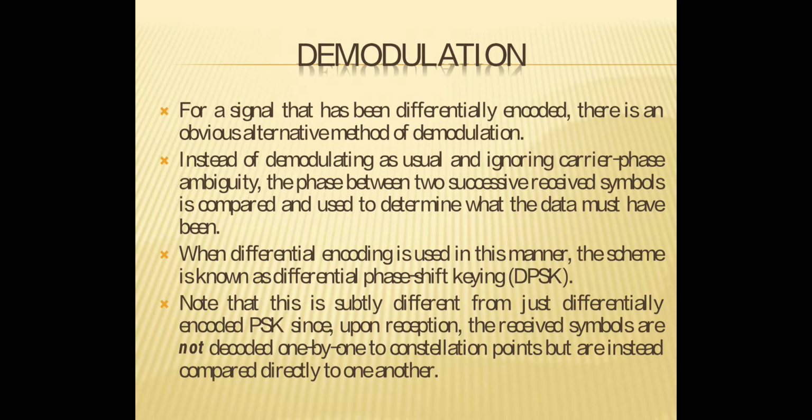Now demodulation. For a signal that has been differentially encoded, there is an obvious alternative method for demodulation. Instead of demodulating as usual and ignoring the carrier phase ambiguity, the phase between two successive received symbols is compared and used to determine what the data must have been. When differential encoding is used in this manner, the scheme is known as differential phase shift keying.